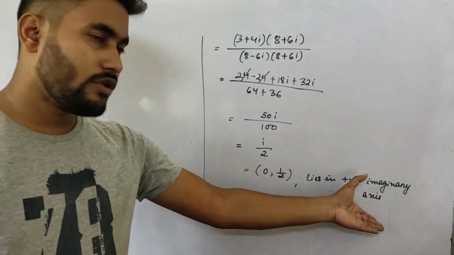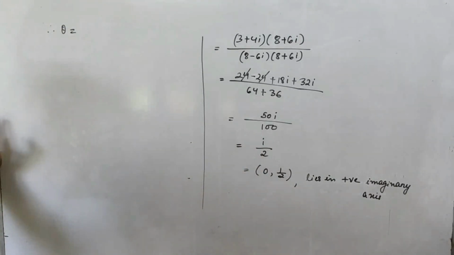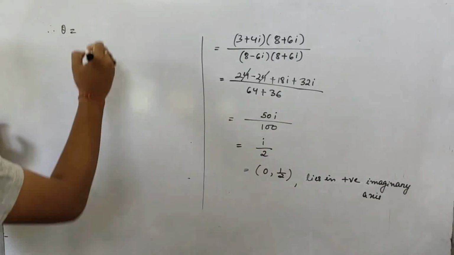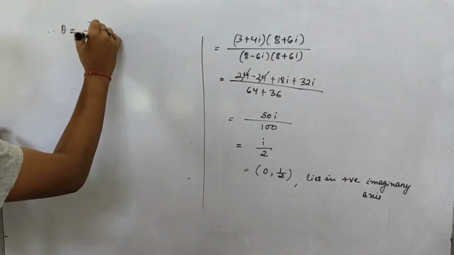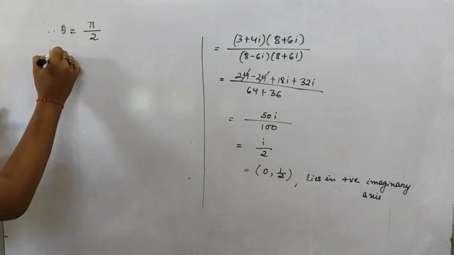It is better if you write imaginary axis only. So what is the value of theta if the point lies on the positive imaginary axis? The value of theta is pi by 2 or 90 degrees. So what will be the amplitude of this?